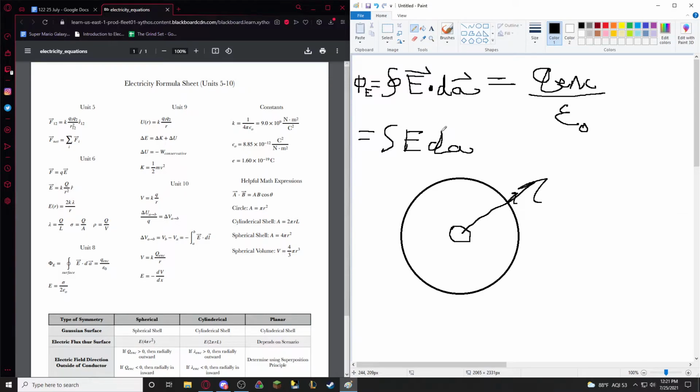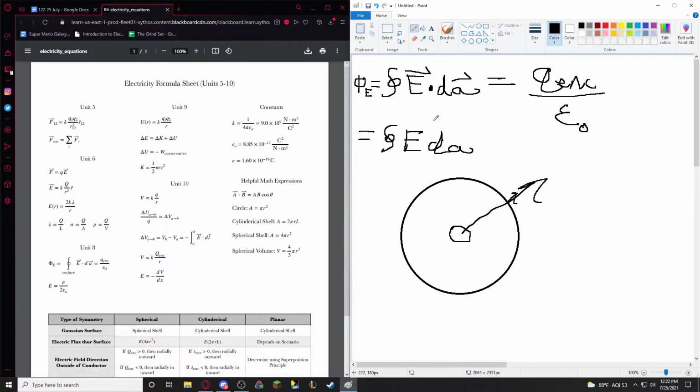We don't have to worry about vectors anymore, because it would be times cosine of 0, which is just 1 and cancels out. And actually it's still a surface integral. We still need to worry about the fact we're integrating over the whole surface. So it's just E times dA.